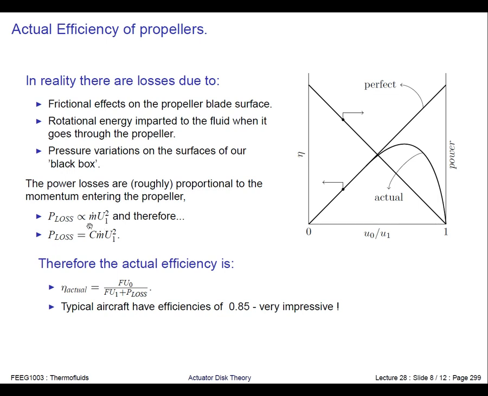So we can assume it's linear, and we have a constant C that we would have to work out by doing a measurement for a particular turbine.